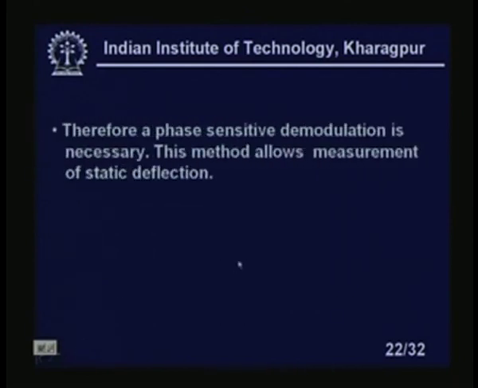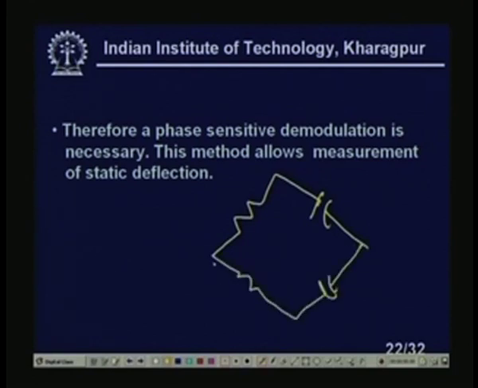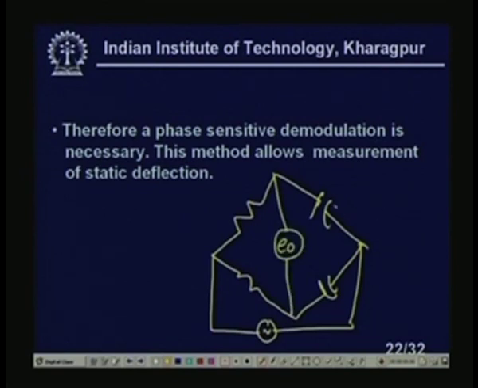So, therefore, a phase sensitive demodulation is necessary, right. I have a capacitance here, I have a capacitance here. If I put a signal here and measure the output voltage E naught here, if this increases, this will decrease, no doubt about that.